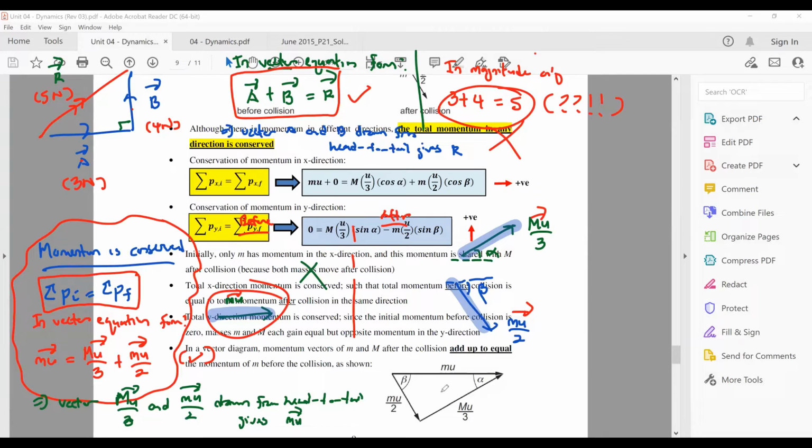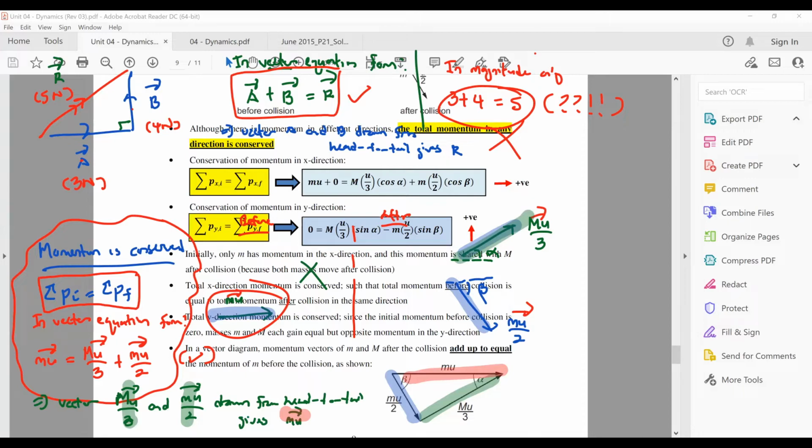Okay, similar. So what you're going to get is this one here. You see, mu over 2, you already know is this one. Maybe I match it with the color. It's this one. Mu over 3 was this one. So you draw them head to tail, you're going to get this, right? Then these two drawn from head to tail will give me back mu itself, which is this one.